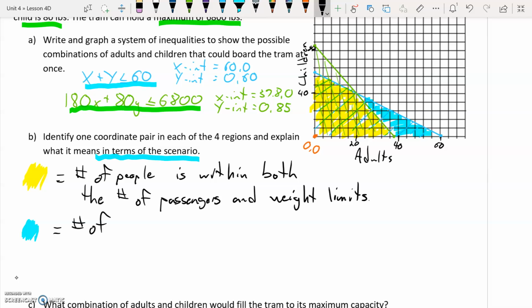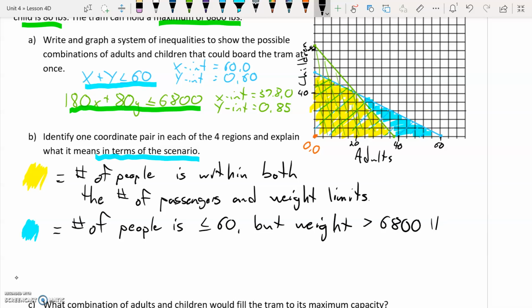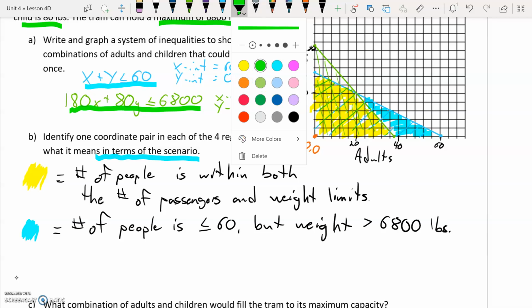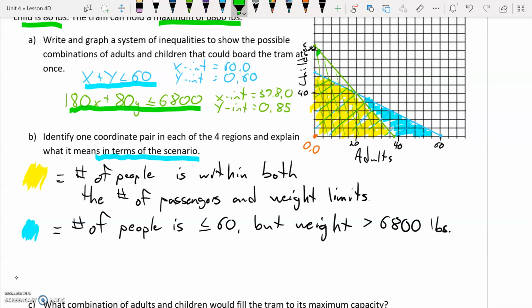So this one, the number of people is less than or equal to 60, but the weight is greater than 6,800 pounds. So too heavy. This region over here is underneath the green line, but above the blue line. That means it's within the weight limit, but it's too many people.